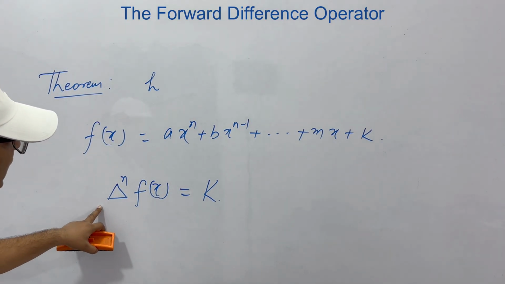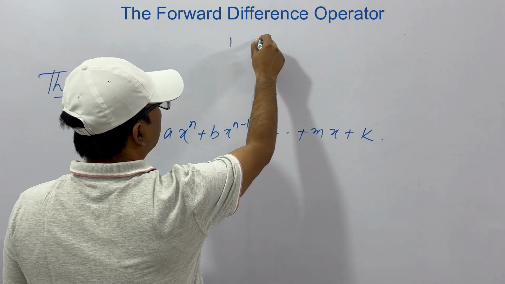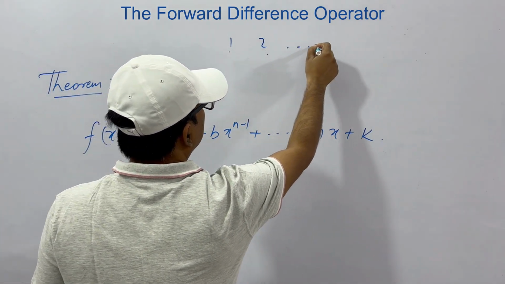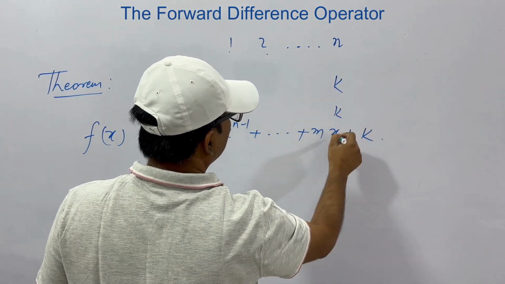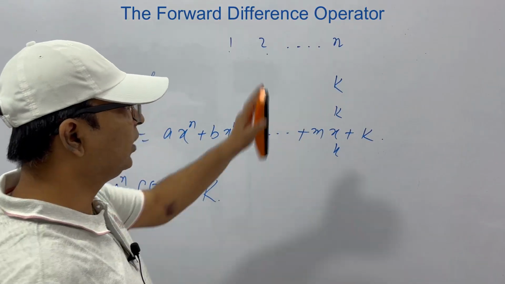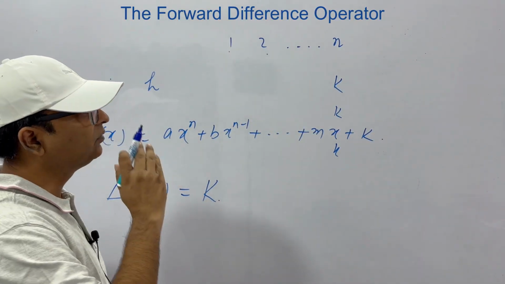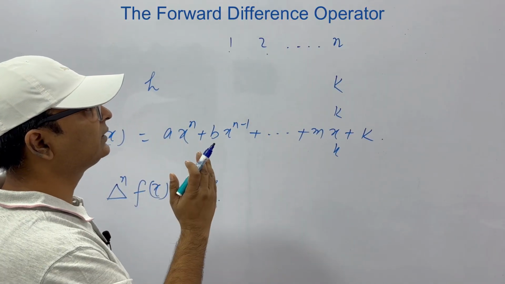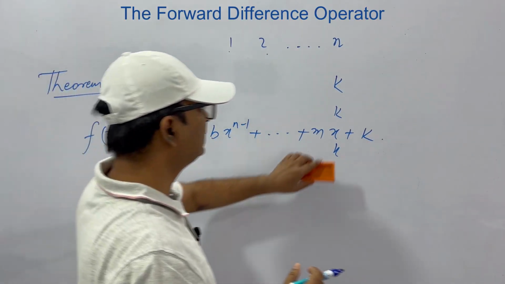From here you can understand that in the table, with column 1, column 2, first difference, second difference, if it comes to the nth column and all values are a constant k, then all the (n+1)th column values will be 0. All the differences above this degree will be 0.